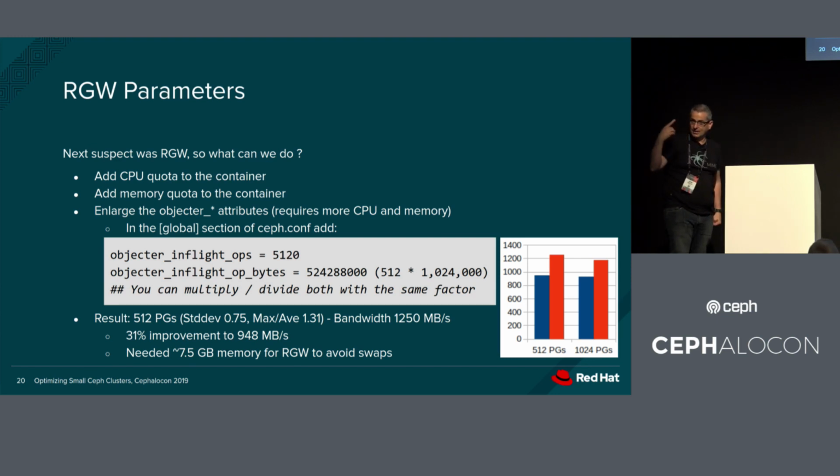As I said, I had a single RGW, and it was on purpose. And we can add memory quota to the container and CPU, but this wasn't a bottleneck. The bottleneck was regarding the objecter attributes, two attributes that had better go together. These are numbers that should be enlarged and reduced together.